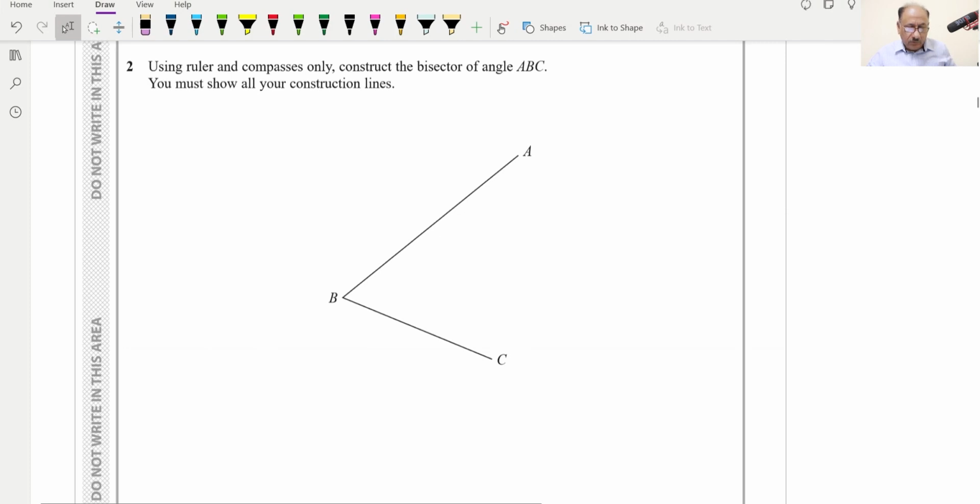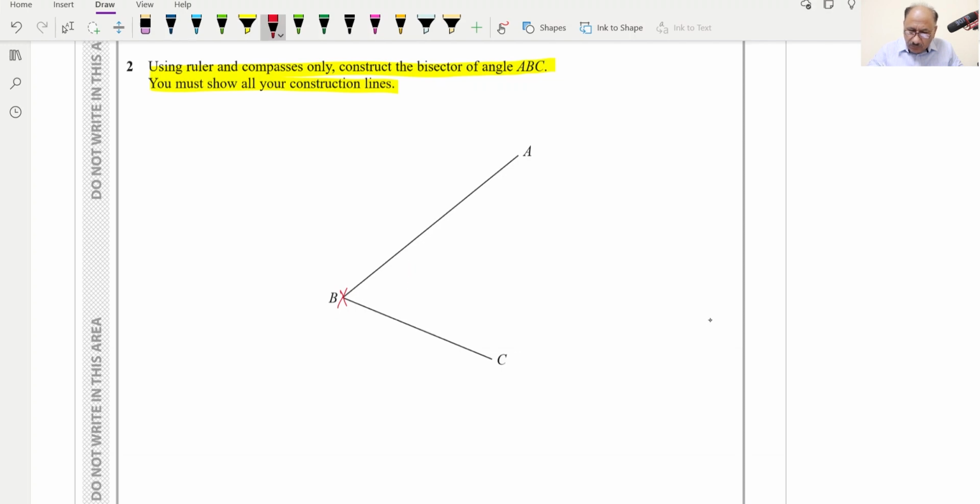Now, using ruler and compasses only, construct the bisector of angle ABC. You must show all your working. So what we have to do is make arcs with the help of a compass. Put your compass at B and make an arc, for example this much.